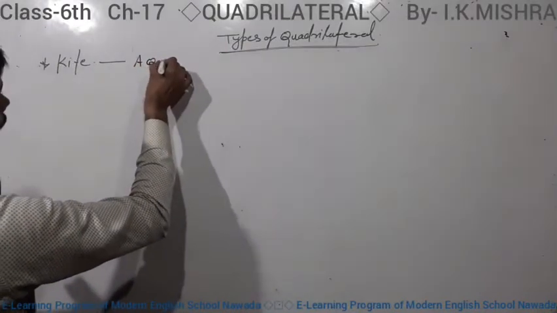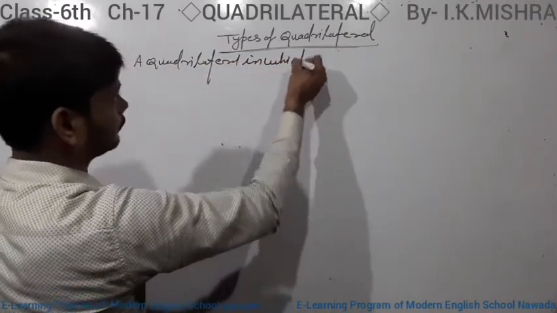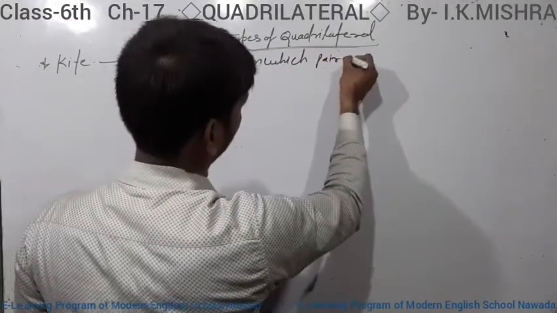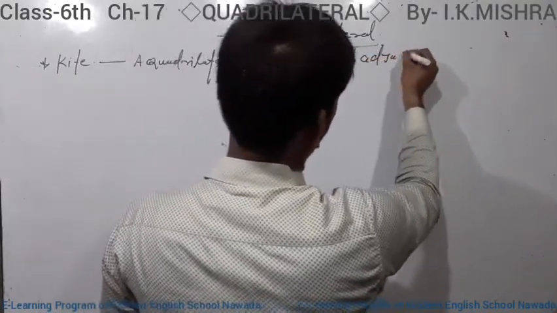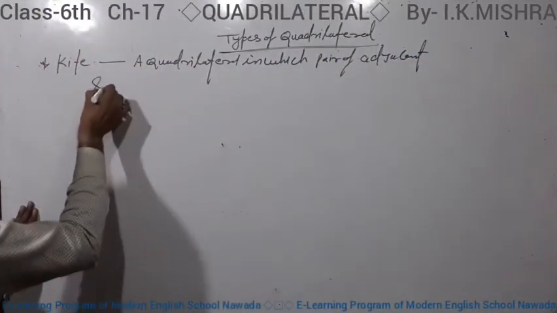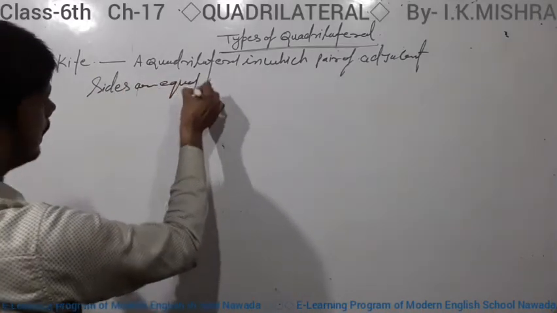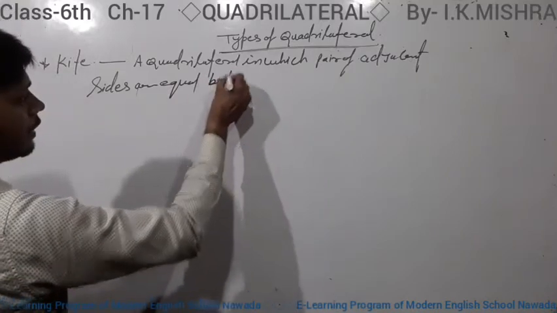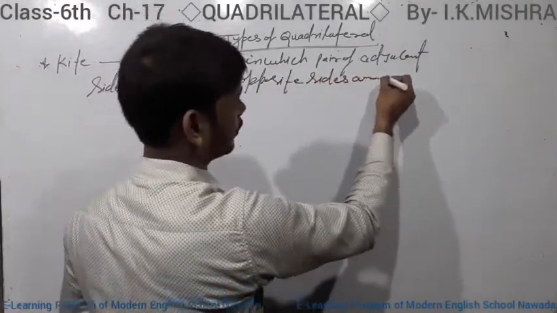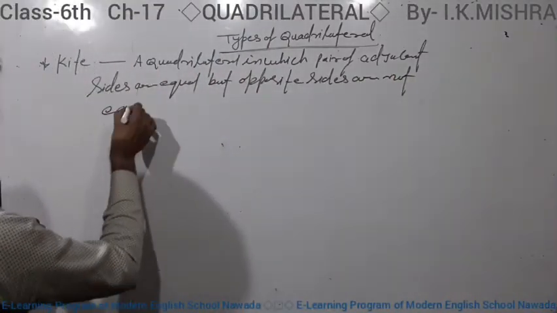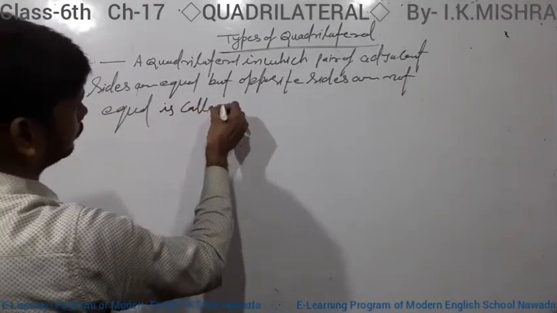A quadrilateral in which pairs of adjacent sides are equal, but opposite sides are not equal, is called a kite.